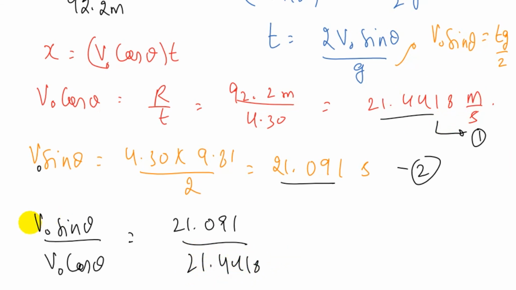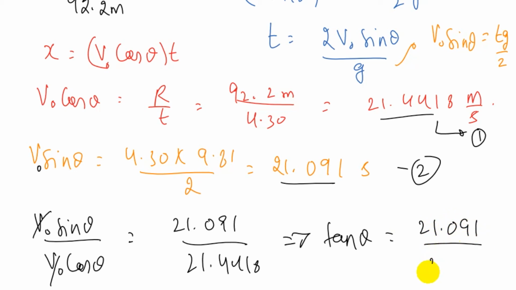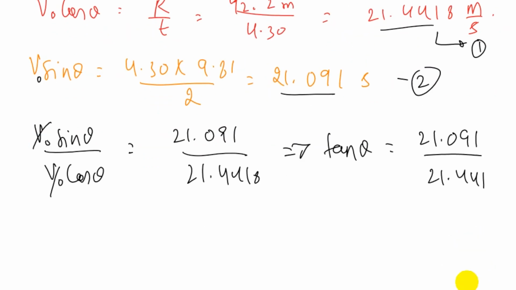The v naught terms cancel, and tangent theta equals 21.091 divided by 21.441. We can easily find the value of theta from here, and theta equals 44.52 degrees. So this is the answer for part A.